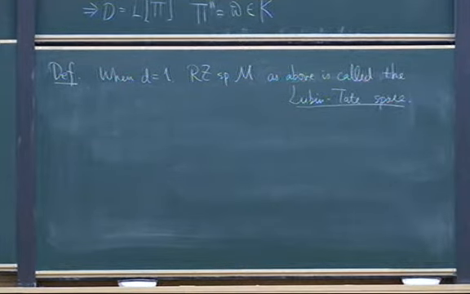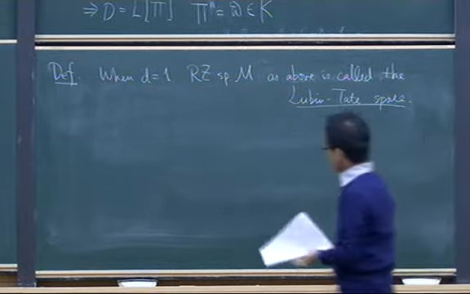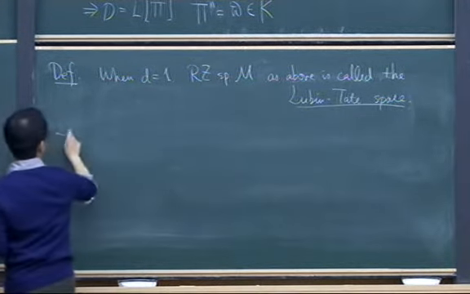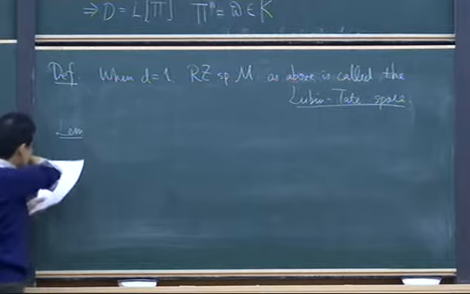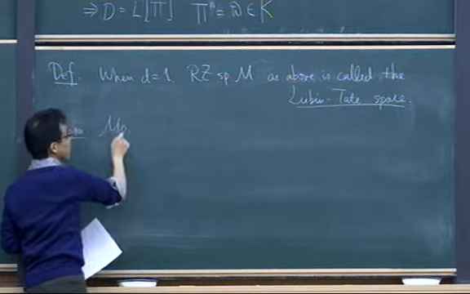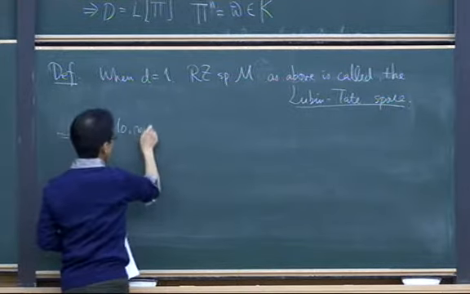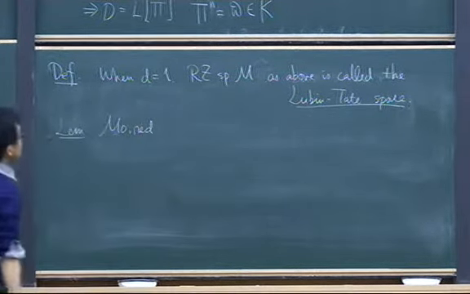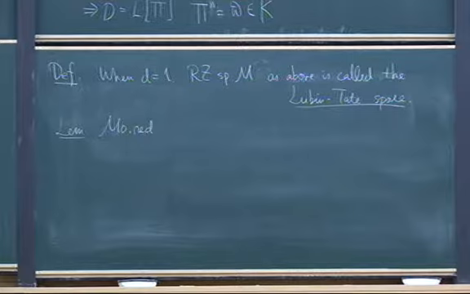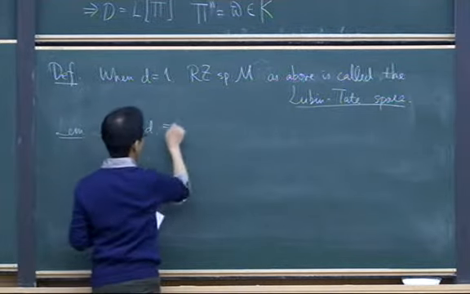When d equals 1, the Rapoport-Zink space is called the Lubin-Tate space, and this came first. And the consequence of the fact above is that the reduced scheme of M_0, which is the part where the quasi-isogeny has height 0, is a point.